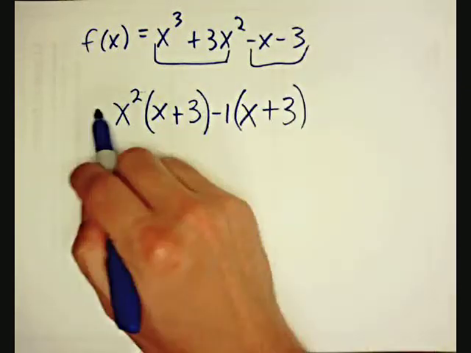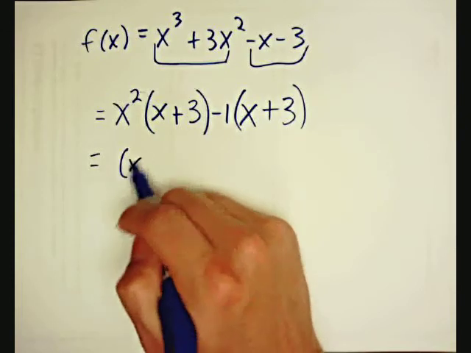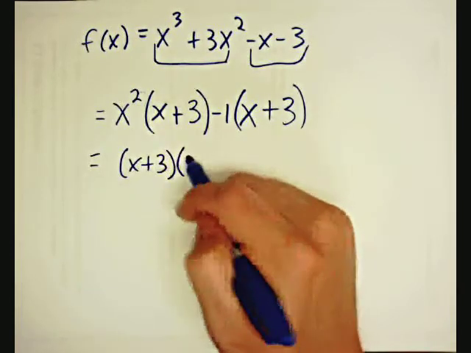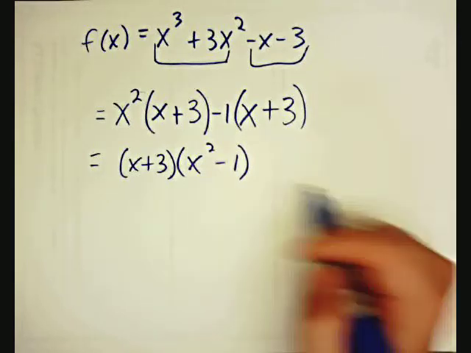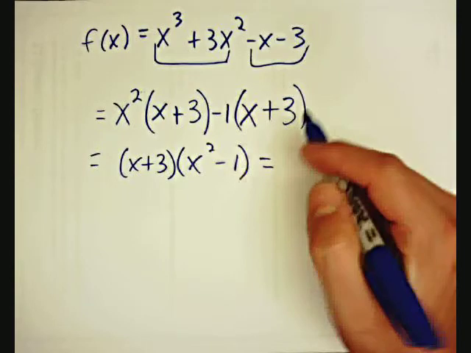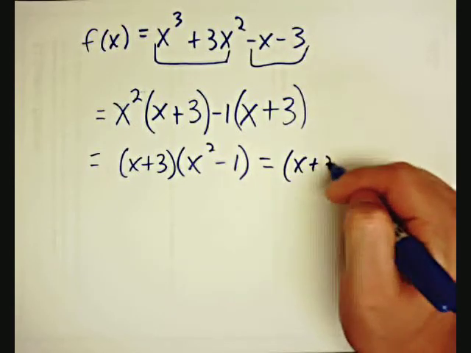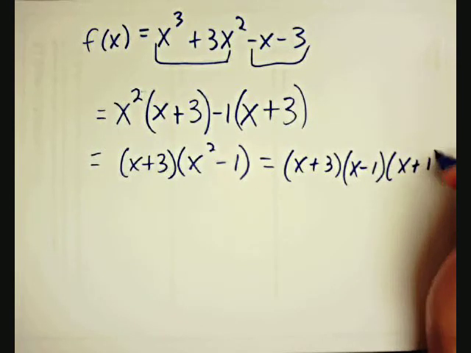So your polynomial fully factors into (x plus 3) times (x squared minus 1). And you can factor this one more time. x squared is a perfect square, so is 1, and that will factor into (x minus 1)(x plus 1), difference of two squares.